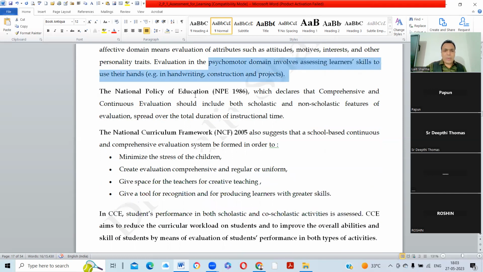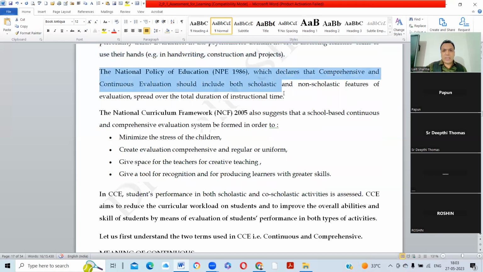Okay, now we talk about what the National Policy on Education 1986 says. The National Policy on Education 1986 declares that comprehensive and continuous evaluation should include both scholastic and non-scholastic features. Non-scholastic means co-scholastic. Okay, right? Scholastic means academic, inside the class and outside the class.